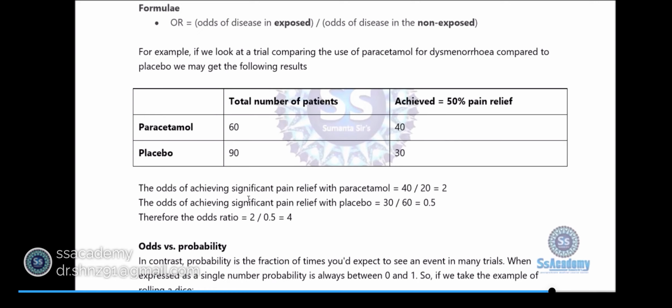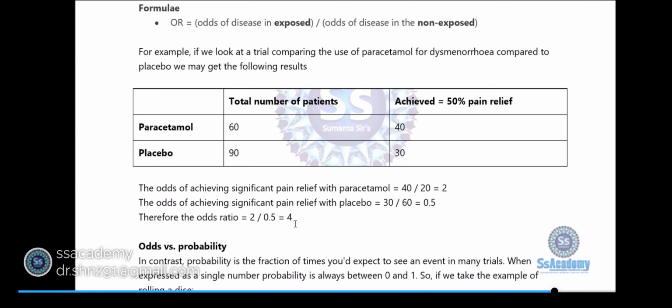The odds of achieving significant pain relief with paracetamol: odds of disease in exposed means 40 divided by the odds of disease in the non-exposed, which is 20. So 40 by 20 is 2. With placebo, 30 by 60 equals 0.5. So therefore the odds ratio will be 2 divided by 0.5 equals 4.